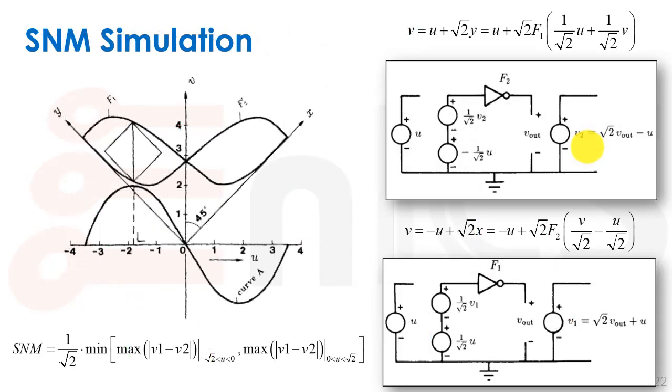As we saw, the way that we're going to really nicely measure the static noise margin is we're going to take our butterfly curves and rotate them with a change of coordinates.